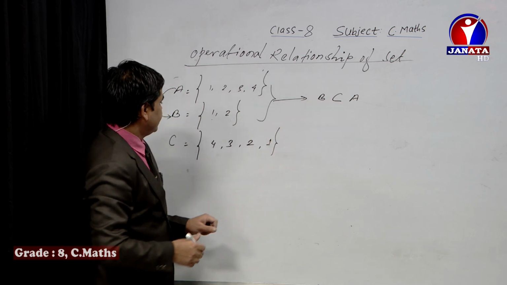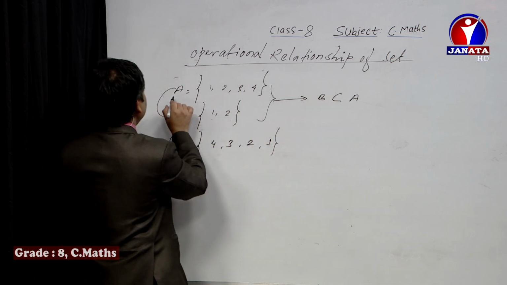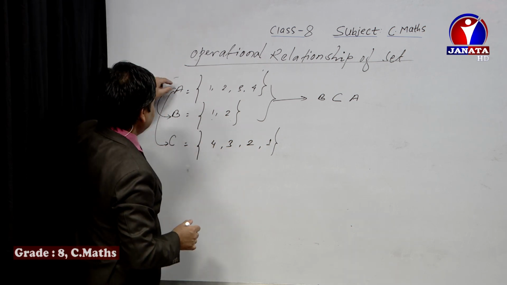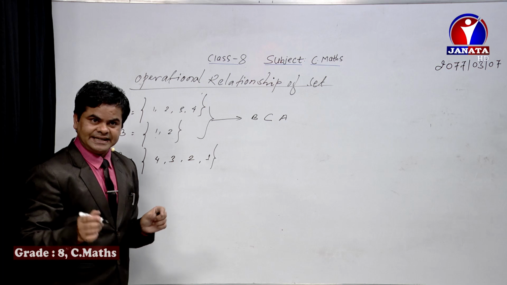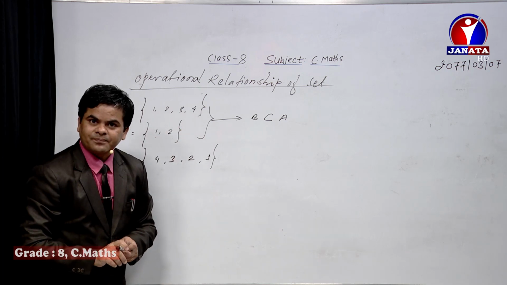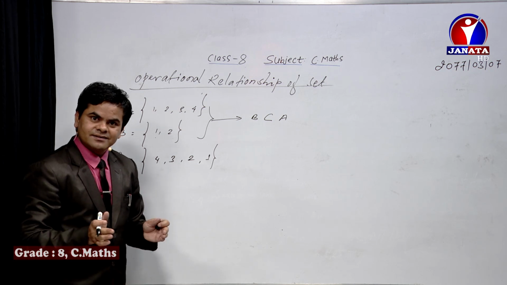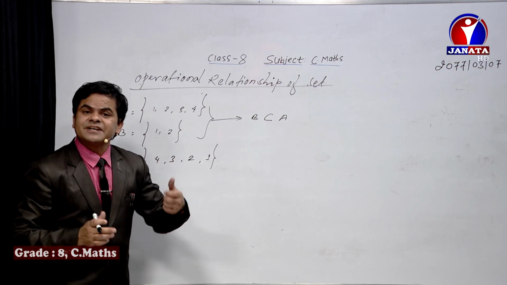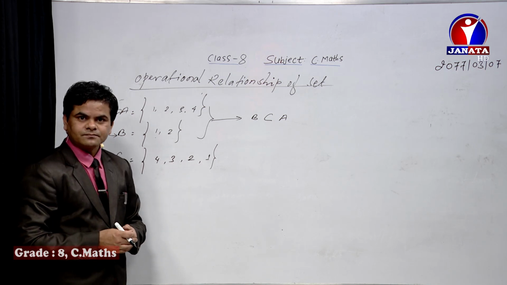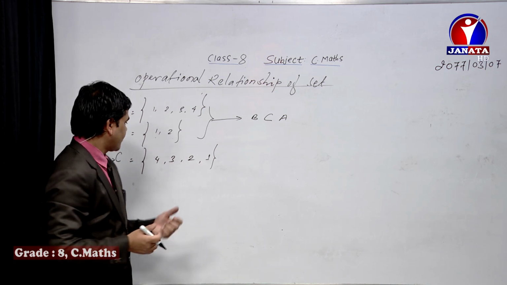Did you understand? Now, what's the relation between A and C? If you see the relationship between A and C, all the elements which are found in set A are present, although the positions differ.